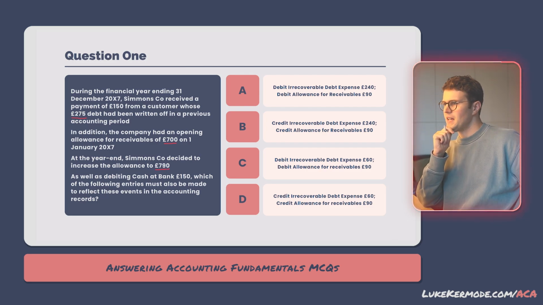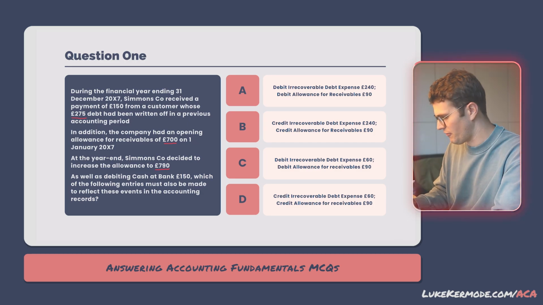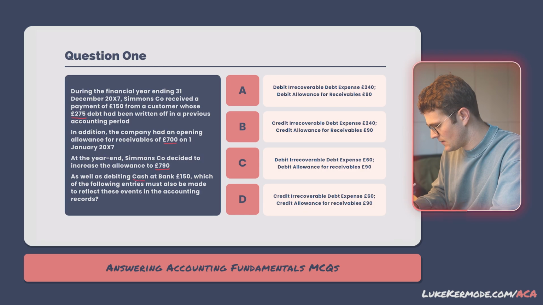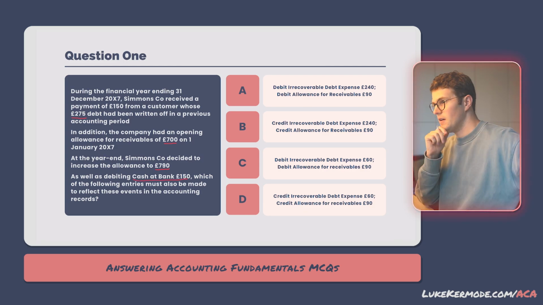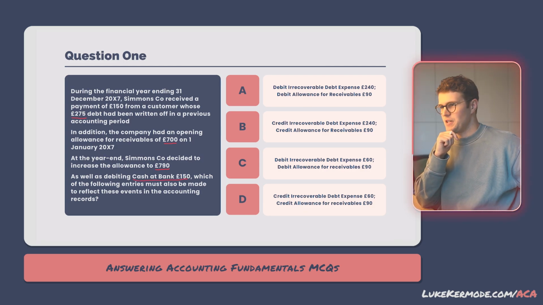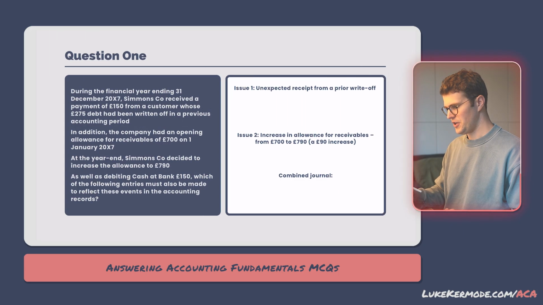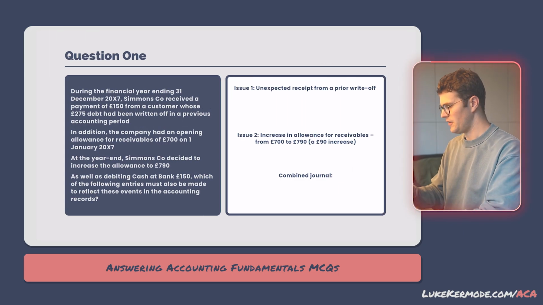So as well as debiting cash at bank of £150, which of the following entries must also be made to reflect these events in the accounting records? So let's walk through this question by looking at the two issues independently of one another.